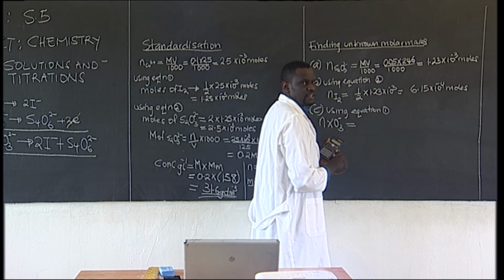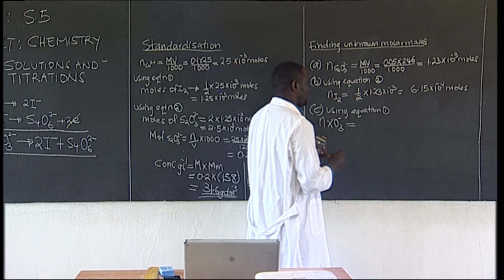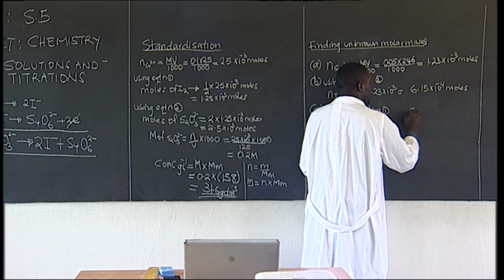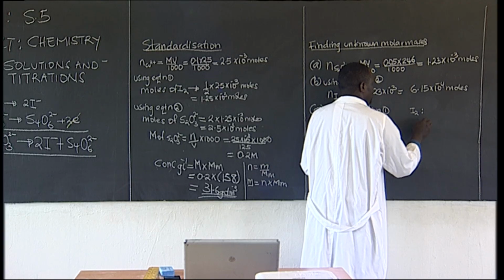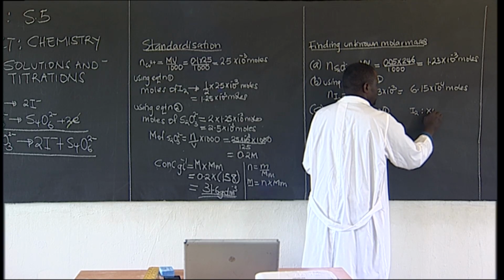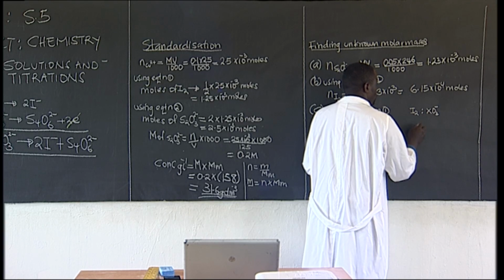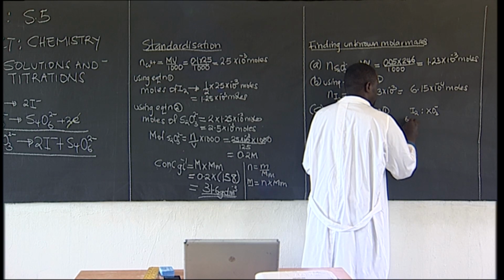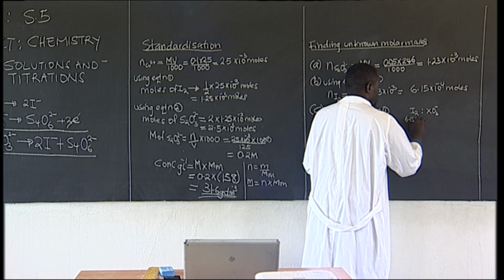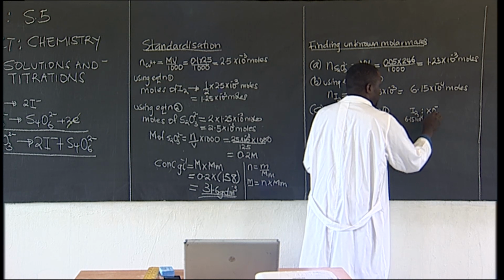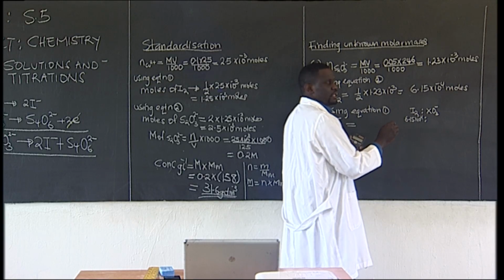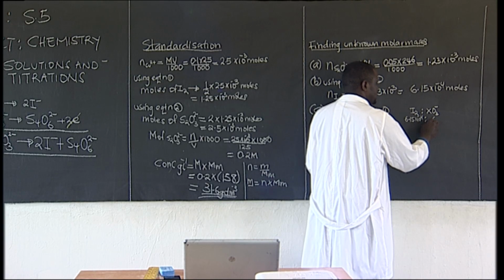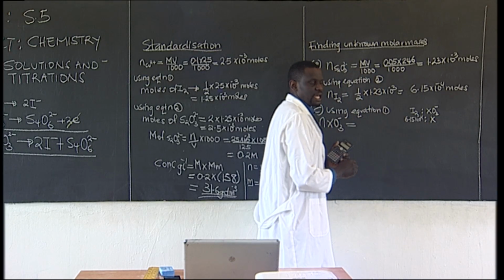If you want to get that, we can use mole ratio. If you have a problem with the mole ratio, you can do it like this. You say iodine, we have 6.15 times 10 to the power negative 4. Then here we have x.